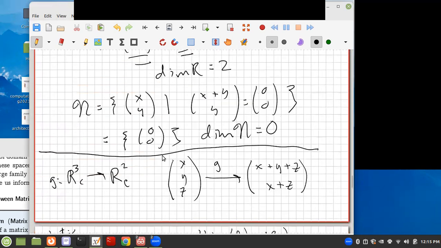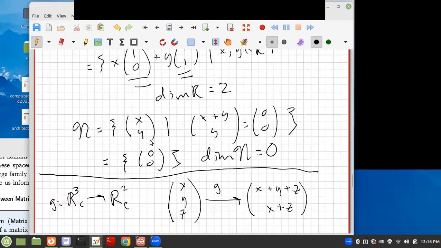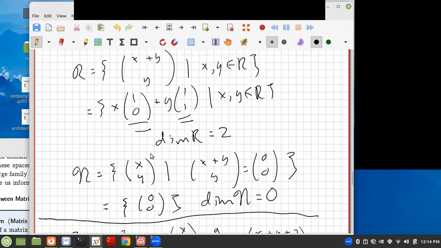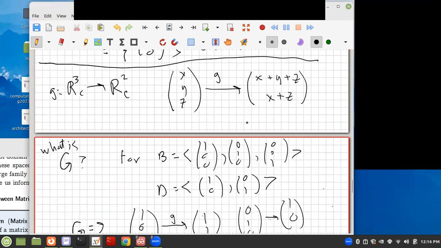And this is the null space. Where's the range space? Here's the range space. Oh, this was a different example. Okay, so here we want to find, so here the range space is all of these things, X plus Y plus Z, X plus Z, right?